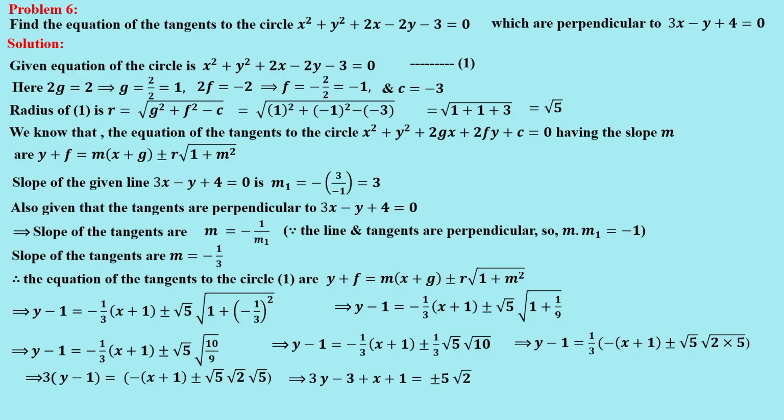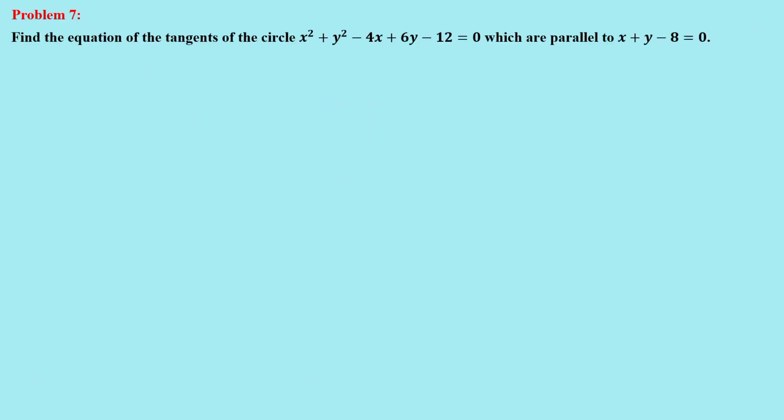So 3y minus 3, and taking minus x plus 1 to the left hand side, so plus x plus 1 is equal to plus or minus 5 root 2. That implies x plus 3y minus 2 plus or minus 5 root 2 equal to 0, which is the required equation, right?